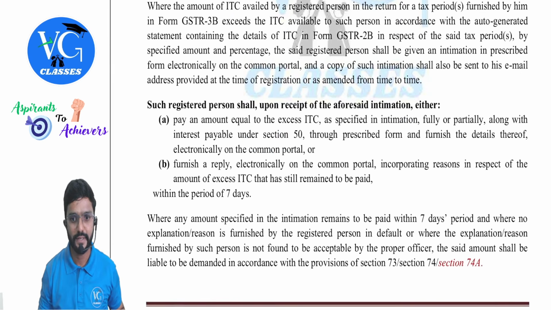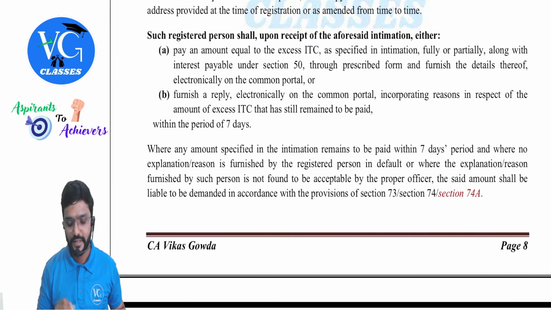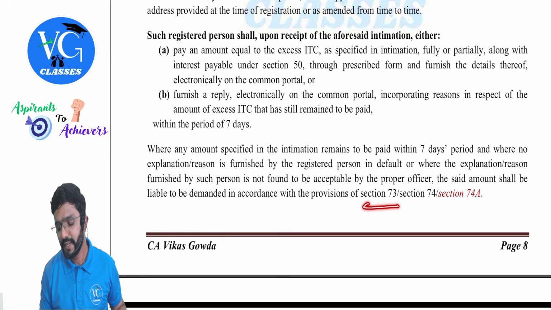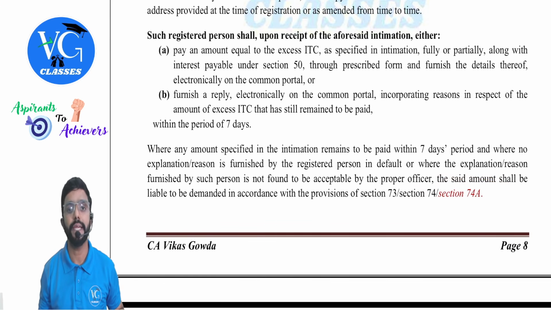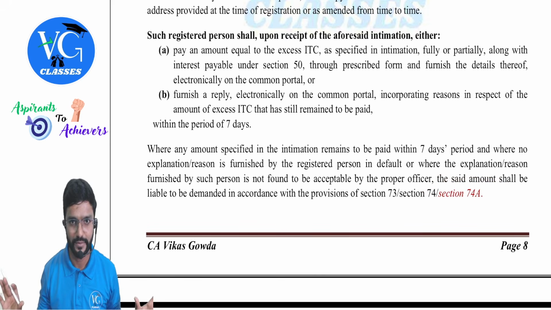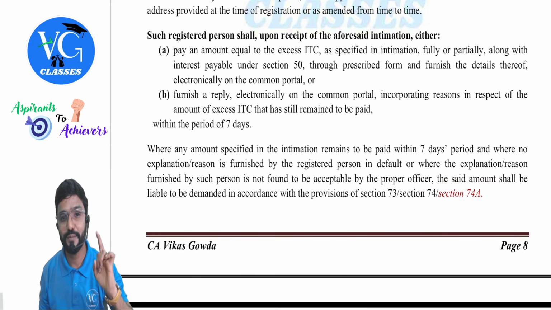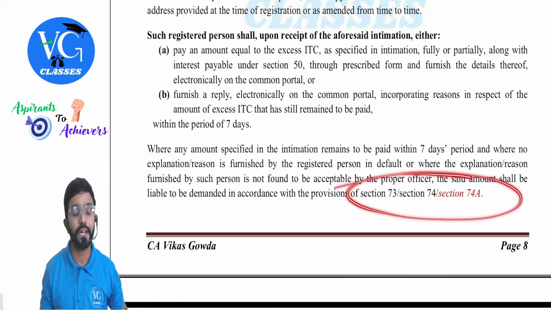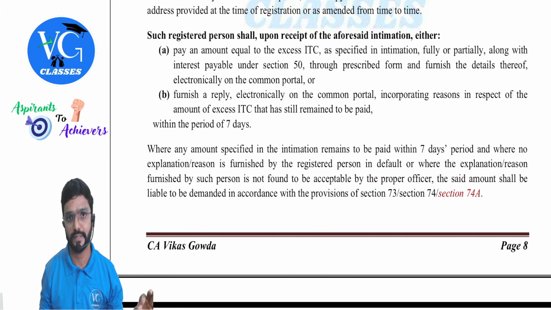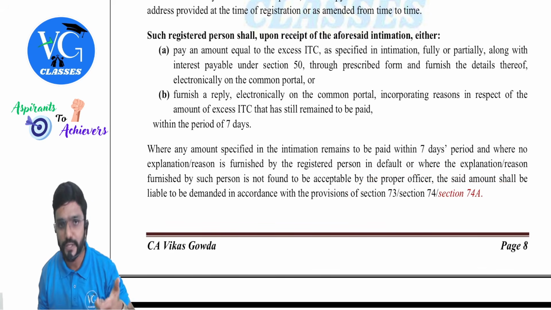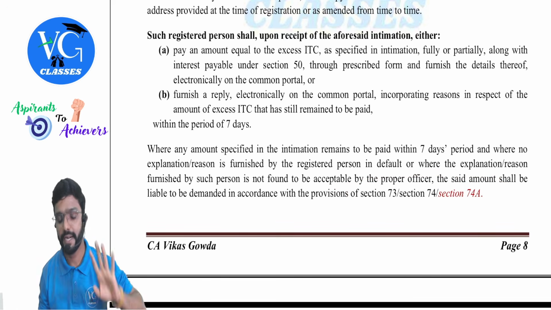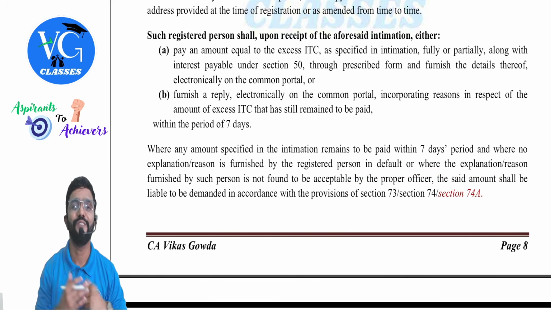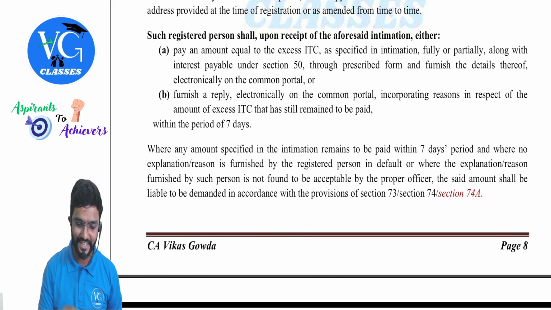There you can see, guys, section 73, 74 was already there. Now a new addition is 74A. That's all. I'm repeating again, please be careful, guys. These sections are not a part of your intermediate syllabus. Only they have given reference to those sections. That is what you are supposed to know. What is the content of these sections? You will learn in final level.